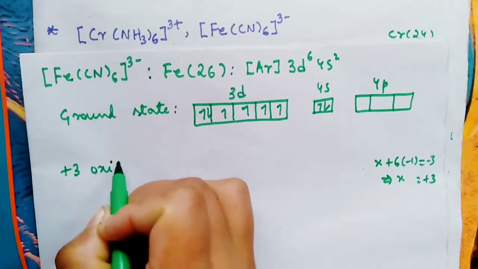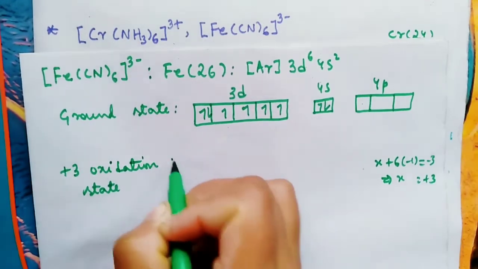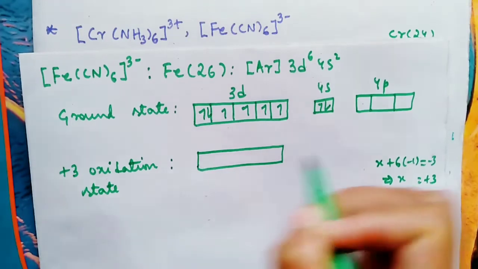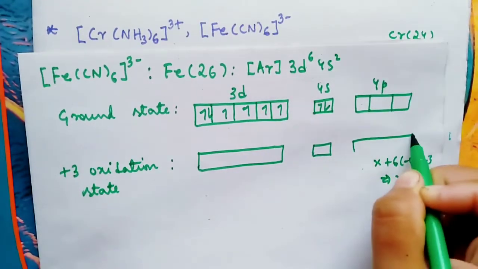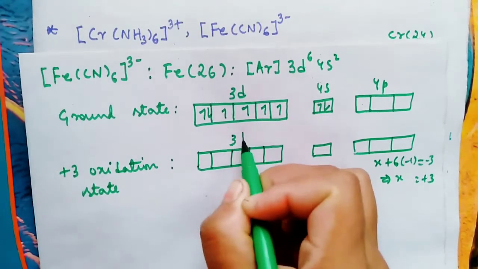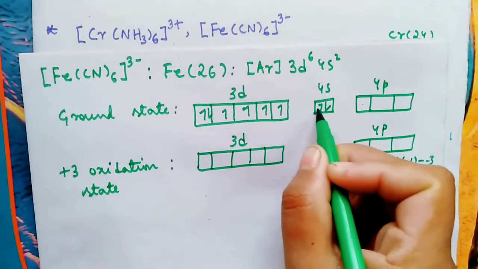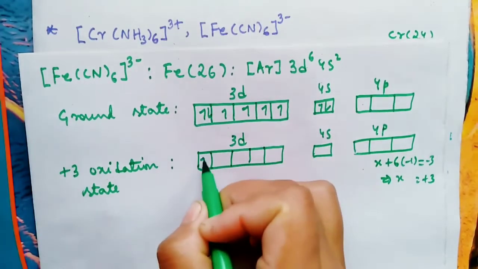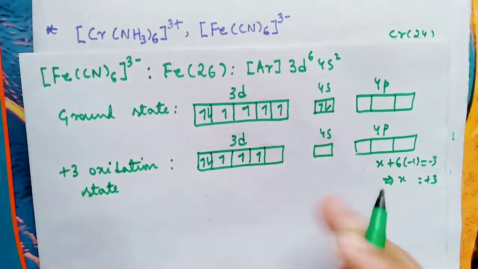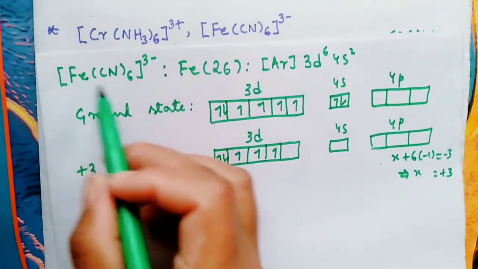In the +3 oxidation state, what is the electronic configuration? +3 means you are removing 3 electrons, 2 electrons from the 4s and 1 electron from the 3d, leaving 5 electrons in the 3d. Okay, look here, this one is a strong ligand.